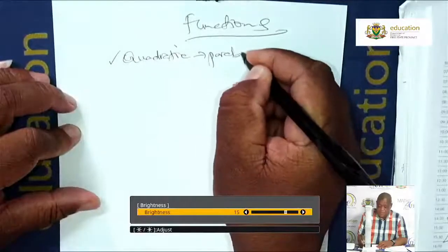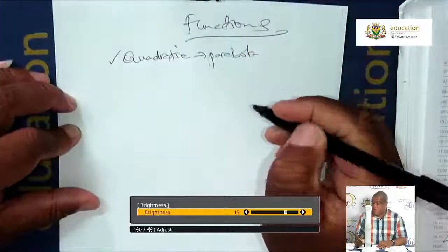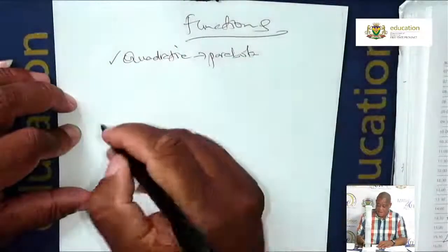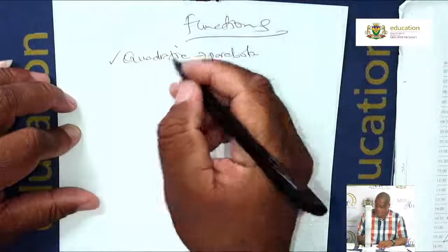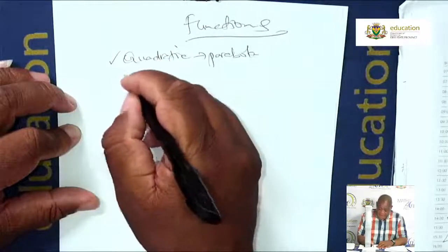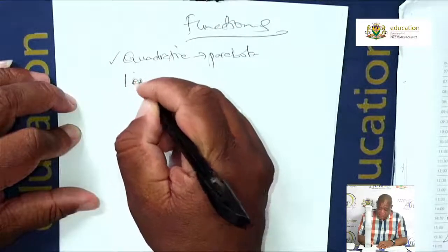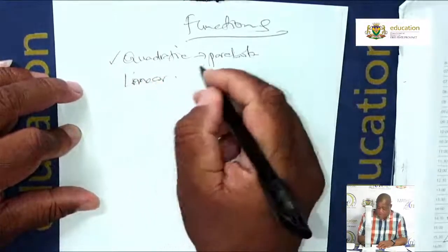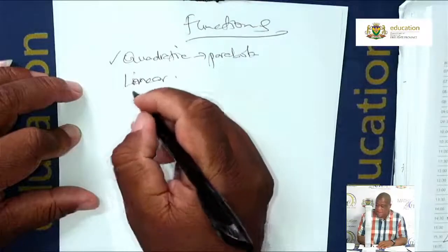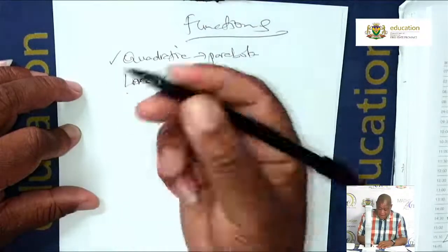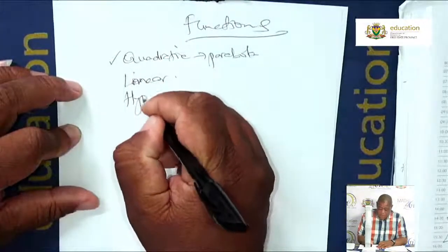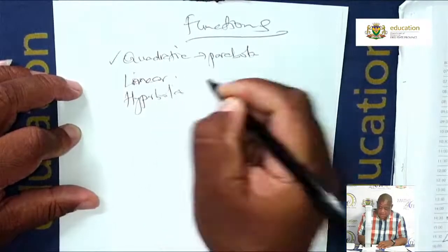Under functions, we are having the quadratic or the parabola. We also have to know that under functions, we are having the linear function. We have the hyperbolic one, hyperbola.